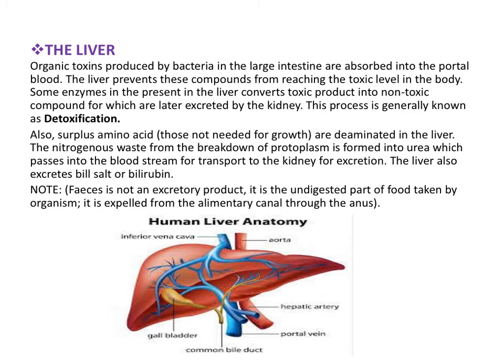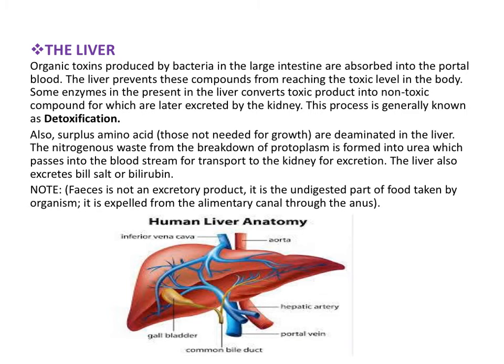The liver also excretes bile salts and bilirubin. Bilirubin is a substance gotten from the breakdown of hemoglobin. So the liver secretes bile, through which it excretes bile salts and bilirubin.